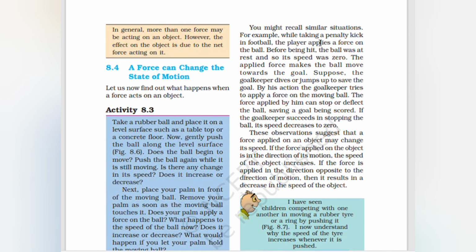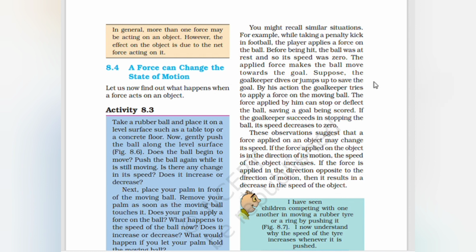You might recall similar situations. For example, while taking a penalty kick in football, the player applies a force on the ball. Before being hit, the ball was at rest, so its speed was 0. Applied force makes the ball move towards the goal. Suppose the goalkeeper dives or jumps to save the goal.